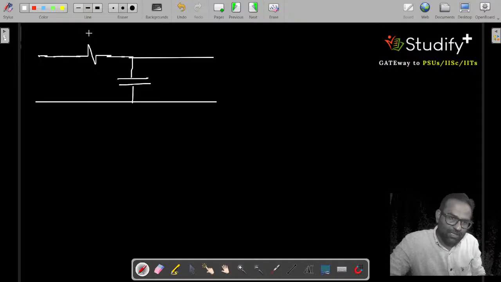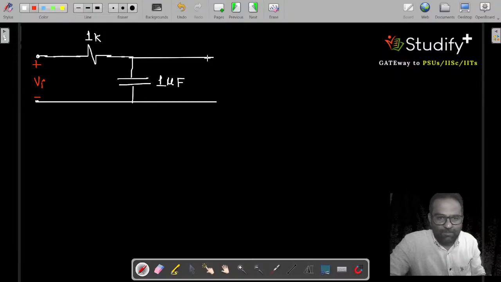Let's say this is 1 kilo ohm and this is 1 microfarad. Now again the situation is the same. I am calling this input my Vi and this output V output.